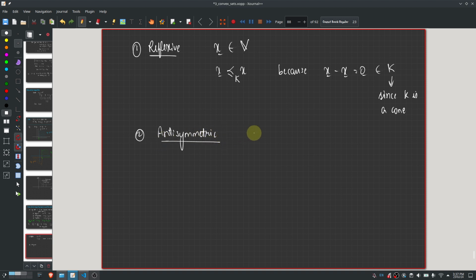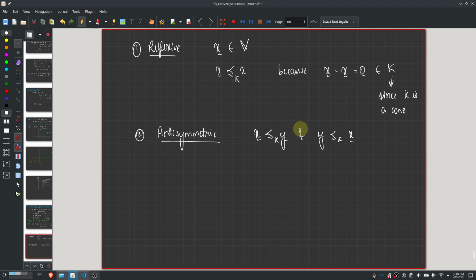This is also antisymmetric, which means that x is less than or equal to y and y is less than or equal to x. Suppose that this happens.